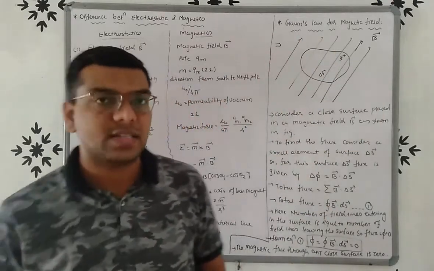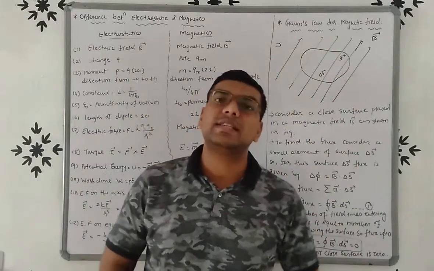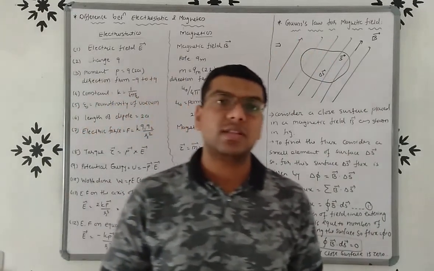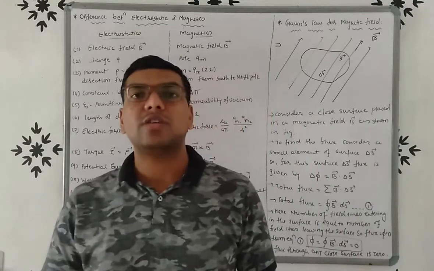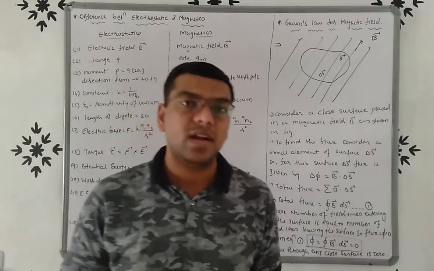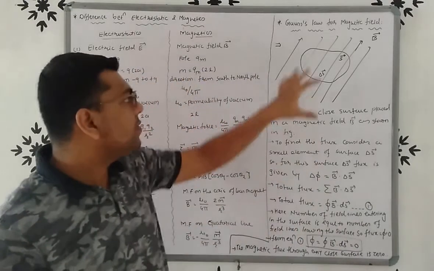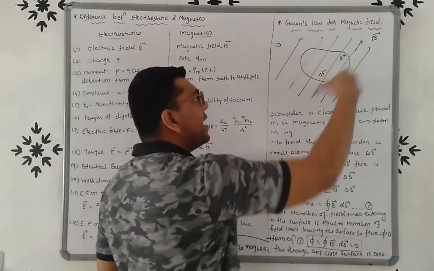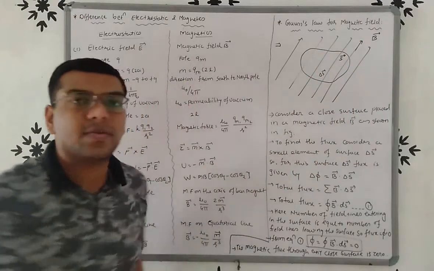Once again friends, the question will be like this, which will be asked in 2 or 3 marks. Explain Gauss law for magnetic field. So here we consider a closed surface which is placed in the magnetic field as shown in figure.